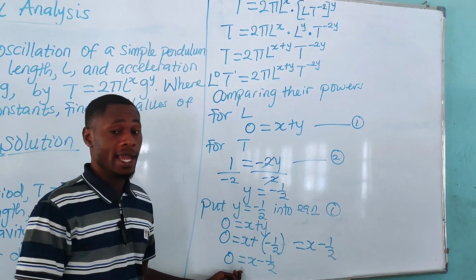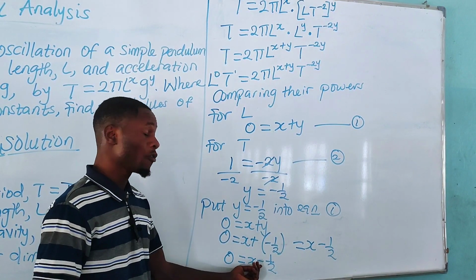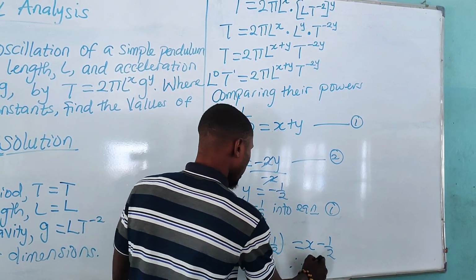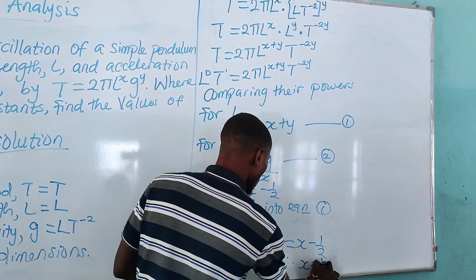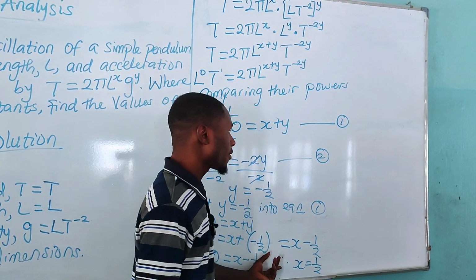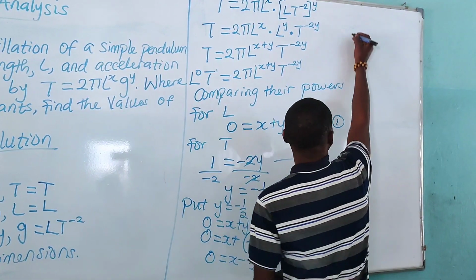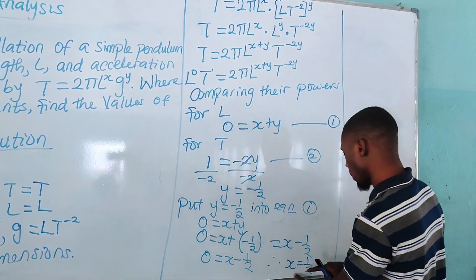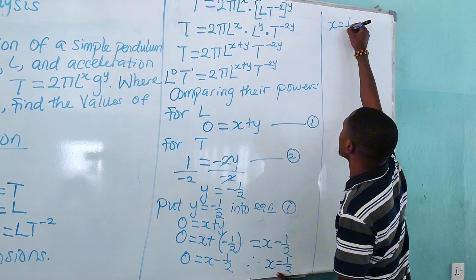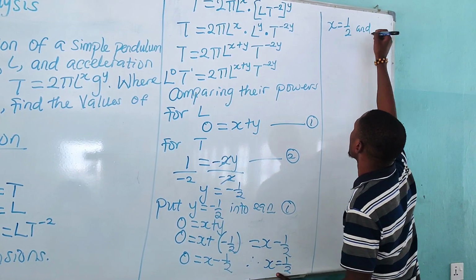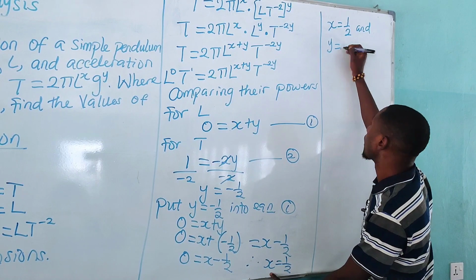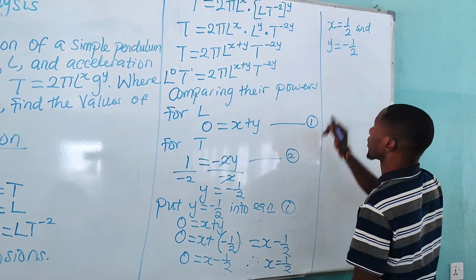So we are looking for x. We move minus 1 over 2 to the other side, and that gives us x equal to 1 over 2. So we have gotten our x to be equal to 1 over 2, and our y to be equal to minus 1 over 2.